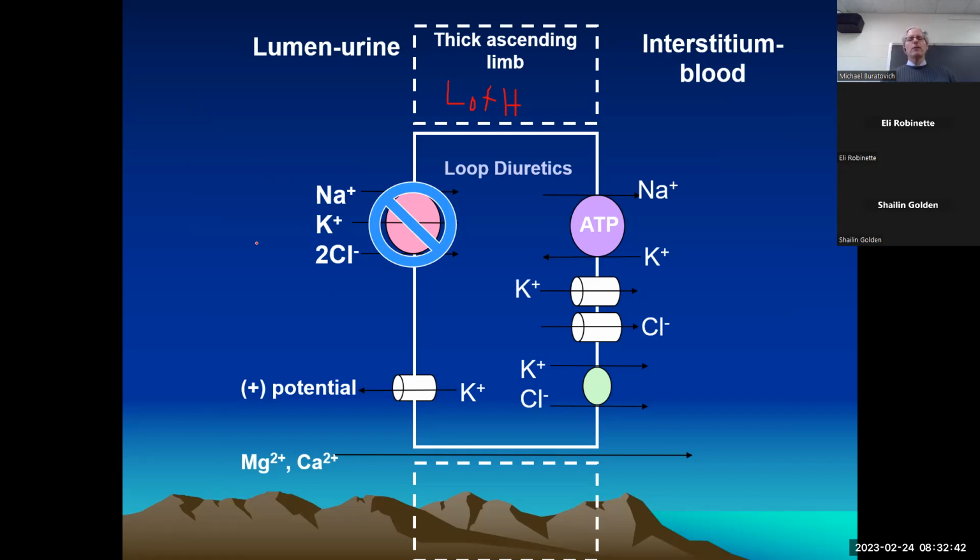You leave more electrolytes in the filtrate, you leave more water in the filtrate. You increase water loss, you decrease blood volume, you decrease systemic vascular resistance, you decrease blood pressure. And then that goes out in the urine. Loop diuretics are the most effective diuretic group. They work very, very well. Big caveat of these particular drugs is you have to watch electrolytes. Patients can lose a lot of electrolytes with these drugs.